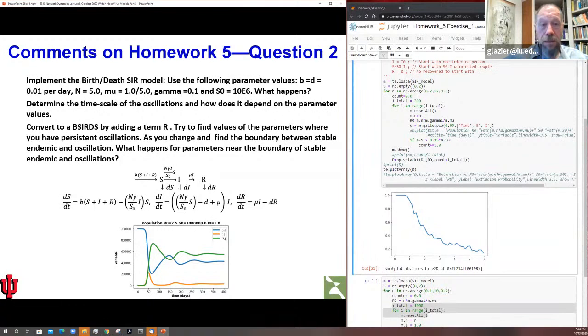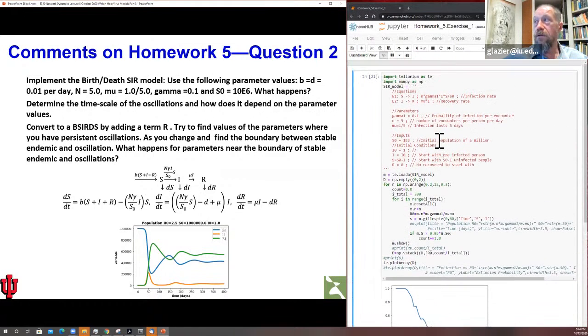And some people did some work trying to figure out, at least by hand, what the oscillation frequency was. And what nobody did, which is what I was hoping you would do, was actually calculate that. And the code that we've just written here actually does that quite effectively.